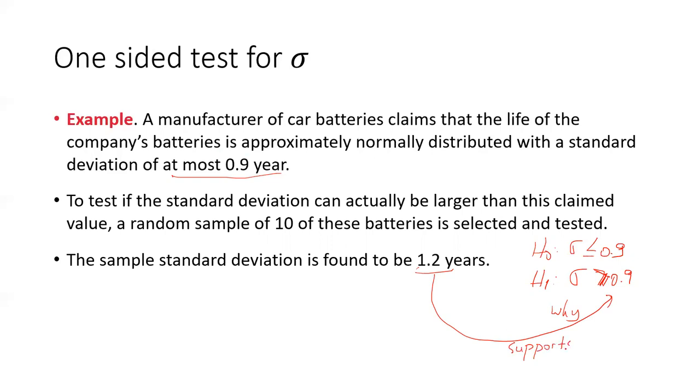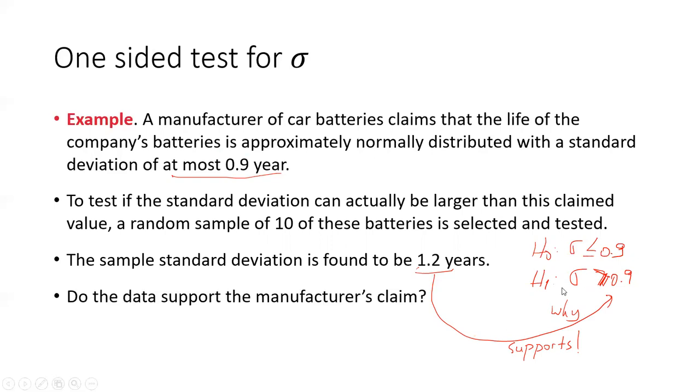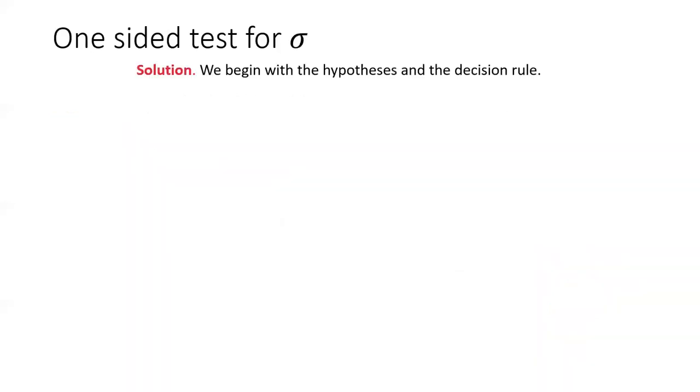If the value here is not 1.2 but 0.5, then there is no need to make a test, because there is no evidence which supports the alternative hypothesis. Do the data support the manufacturer's claim? Let's try to see this. Use a 0.05 level of significance.